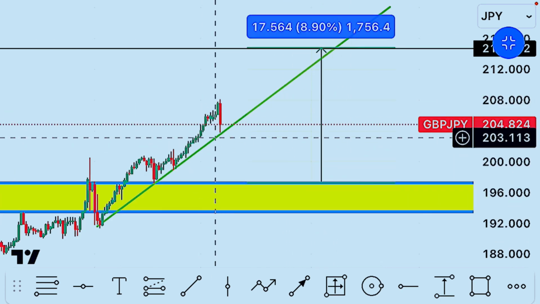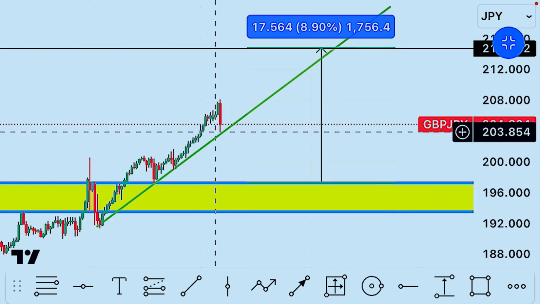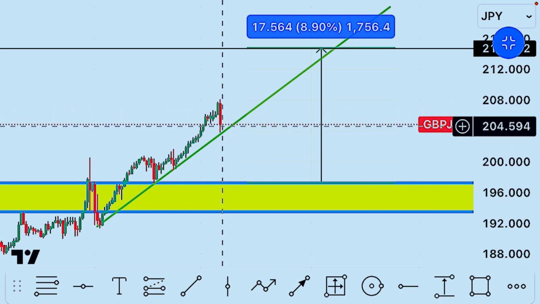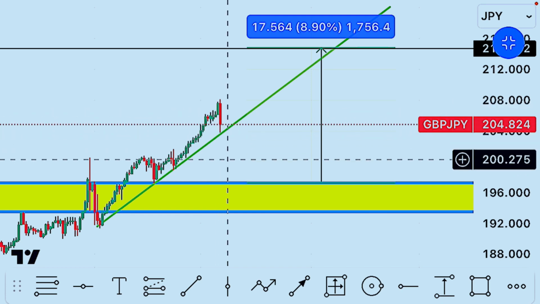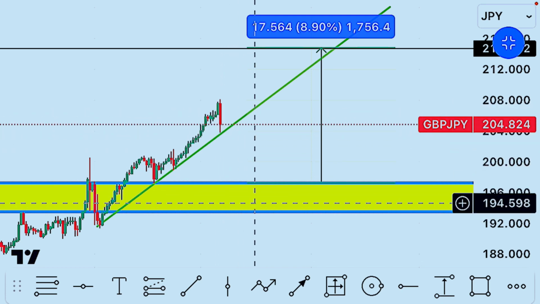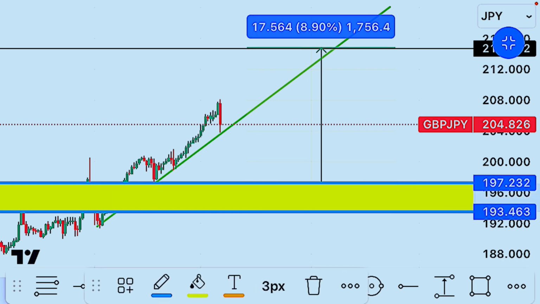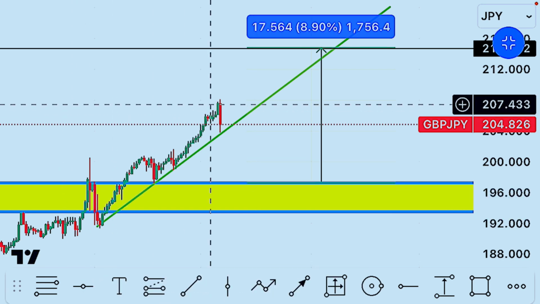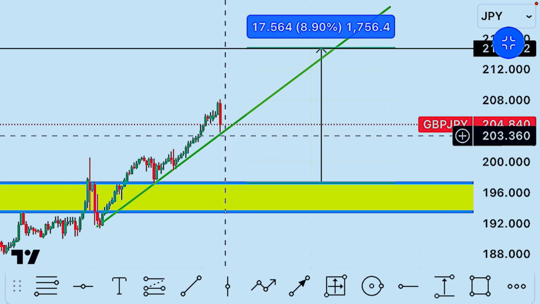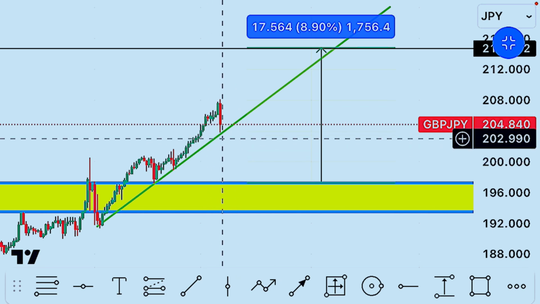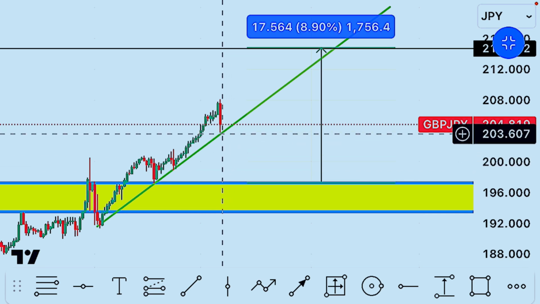But you can't be buying here. All right, why? Because this market can just break this trend line, then head to this demand zone area. So you want to wait for a break of this trend line. If this market happens to break this trend line, you might also find a short position on a 4 hours time frame or any lower time frame at the break of this trend line.